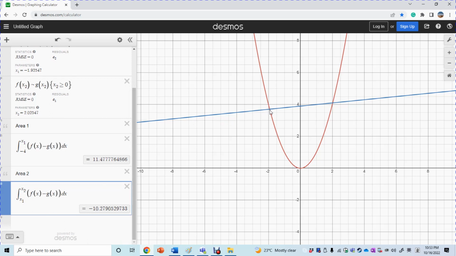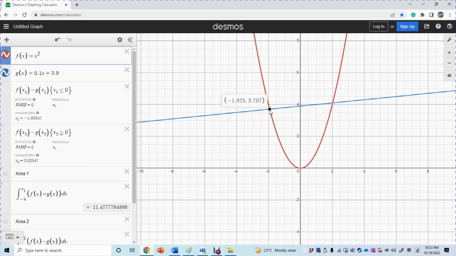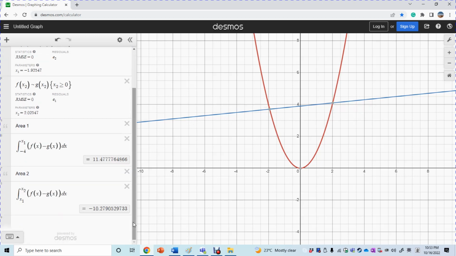So basically, you get area 2. You see area 2 is negative. Does it make sense? Yes, because you're supposed to use g(x) minus f(x), but right now I'm still using f(x) minus g(x), so the area you obtain should be negative.